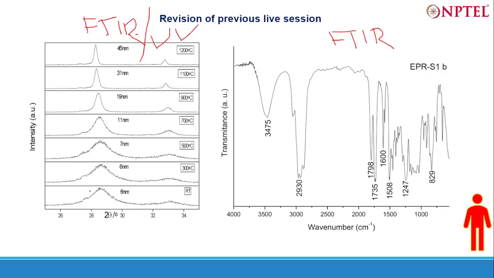So you see that the first inference which we got from here is that the peak height is actually increasing as we move forward. As we move forward, we are increasing the temperature. So you can say that as the temperature is increased, the peaks are increasing in height. What do these peaks show?